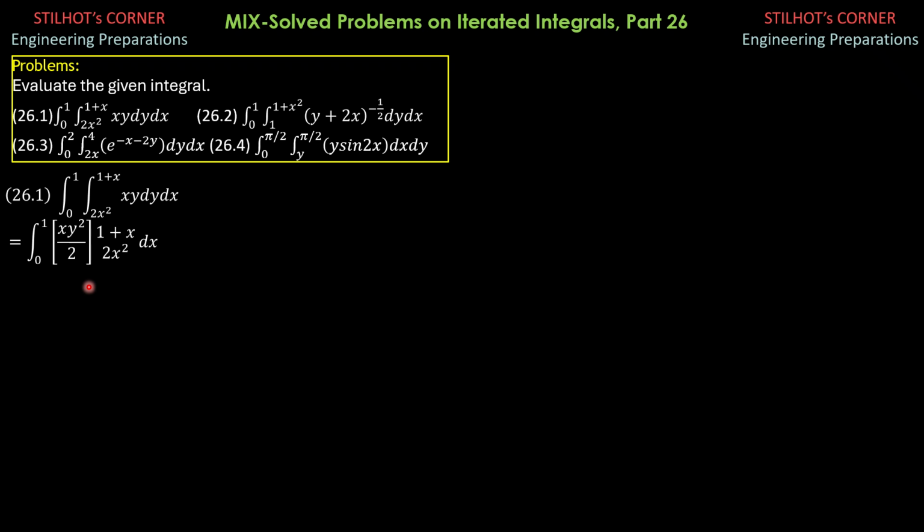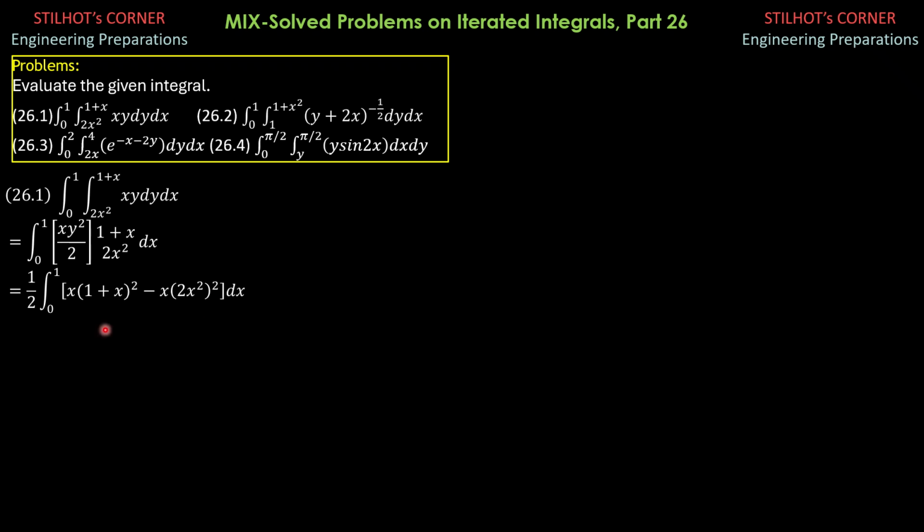So substituting for y, upper limit. Let's factor out 1 half. So that would be 1 half of quantity x times integral 0 to 1 x, 1 plus x squared minus x times 2x squared dx.